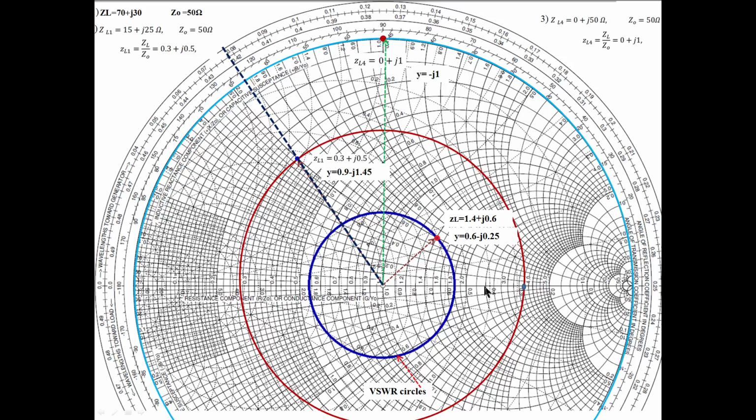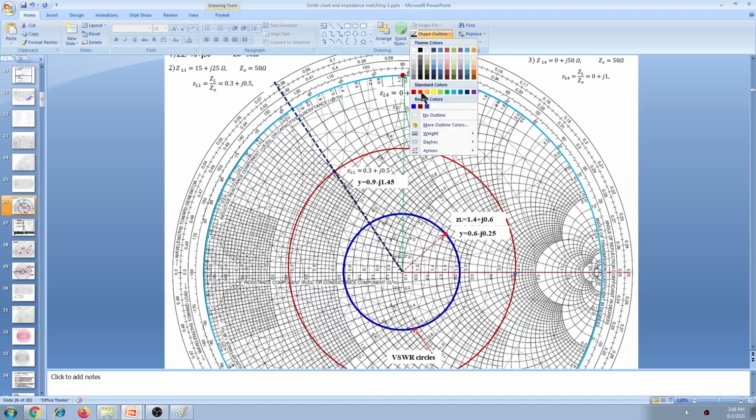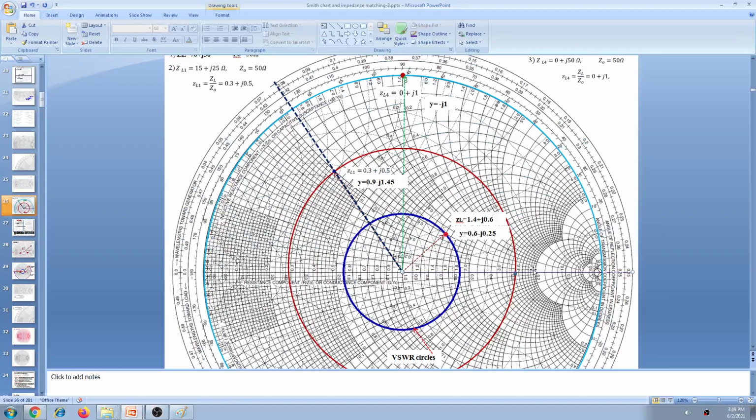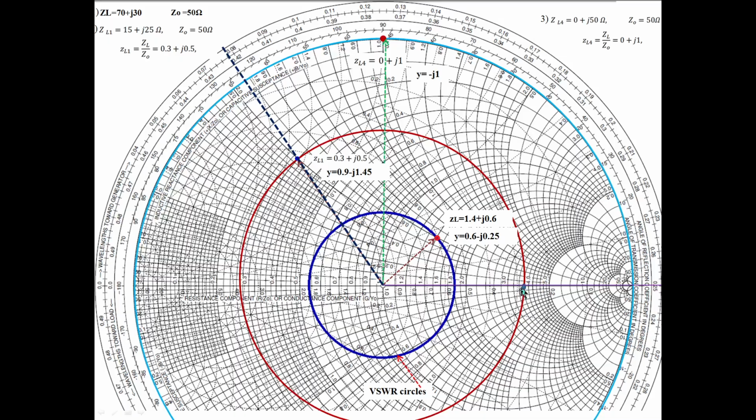What we have to do is draw a line from here, like this, up to this. See, this line passes through this point; it coincides with 0.25.